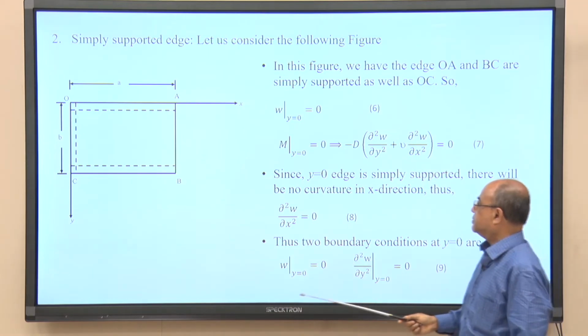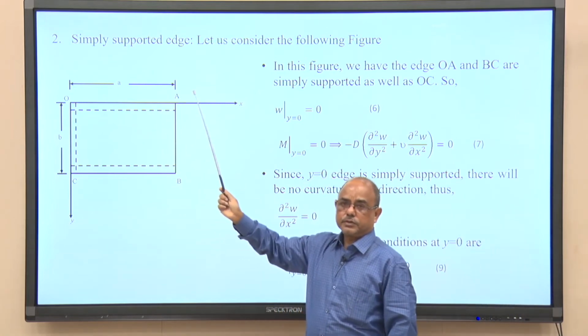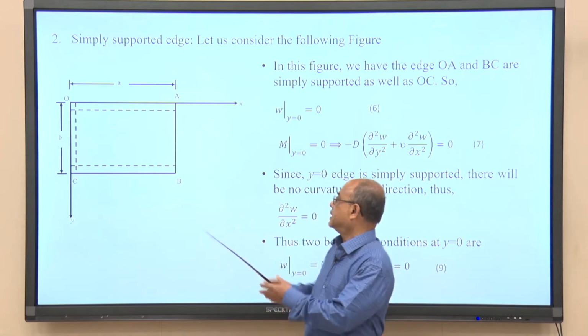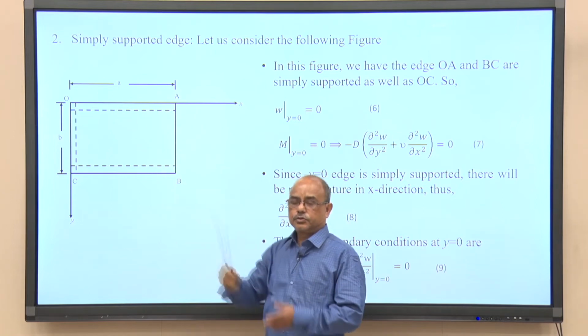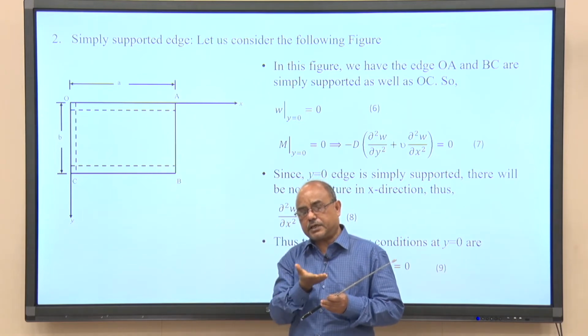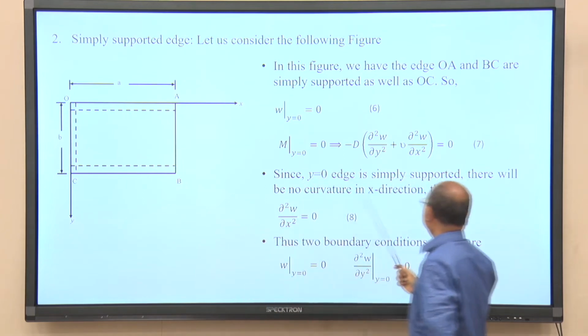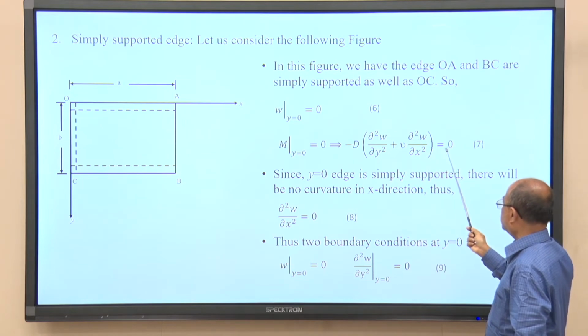Now, you can see this edge OA is simply supported. So, there cannot be any curvature along the x direction, it is simply supported along the x axis. So, there cannot be any curvature or slope along the x axis, along the edges. So, naturally, we take del square w del x square equal to 0.